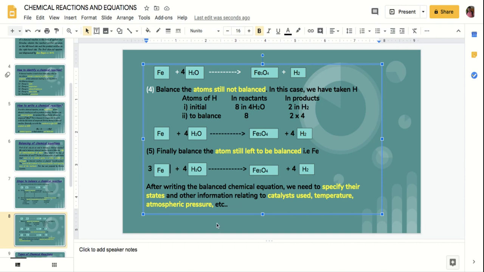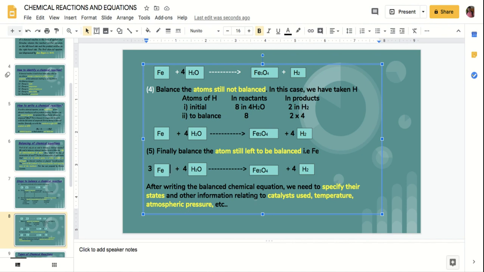H2O is not in liquid form here. The iron is just heated in the presence of vaporized water. That is, this H2O is in gaseous form. Fe3O4 is solid, and H2 gas is liberated.